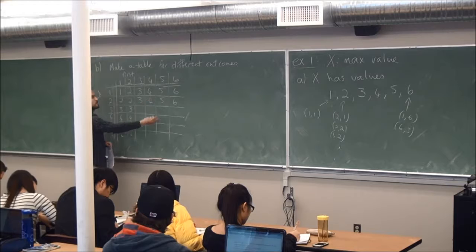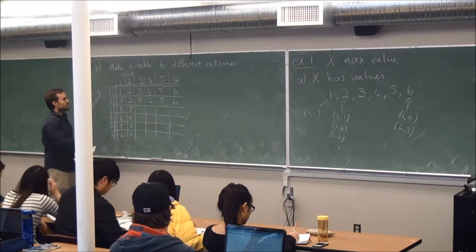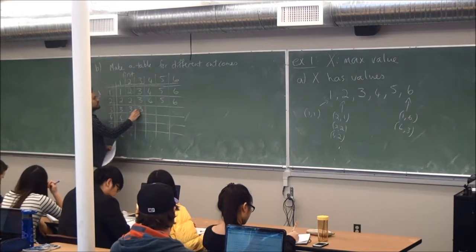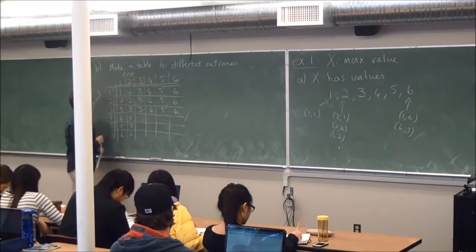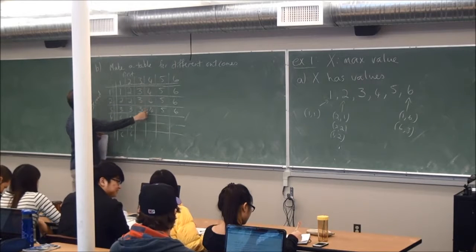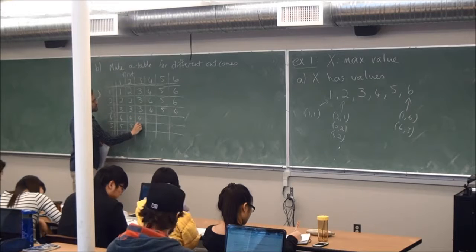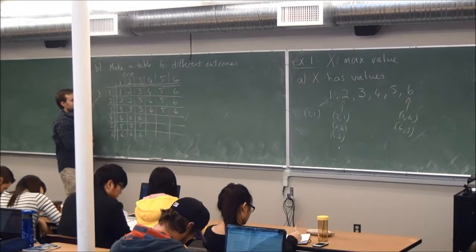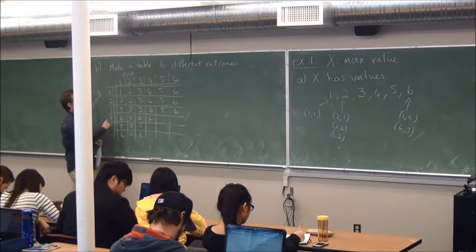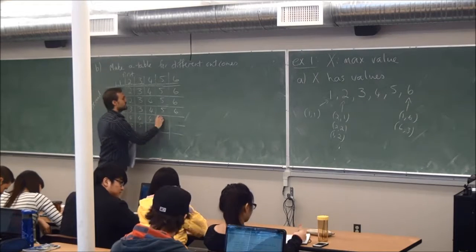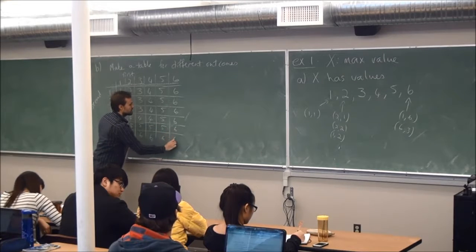What is the corresponding maximum value, the corresponding value of X? 2 3s will give me a 3, then a 3 and a 4, 3 and a 5, 3 and a 6. Same with this, 3, and any of these larger numbers will give me that number. 2 4s, maximum number is 4. 4 with 5 and 6, so I can quickly fold these in now.